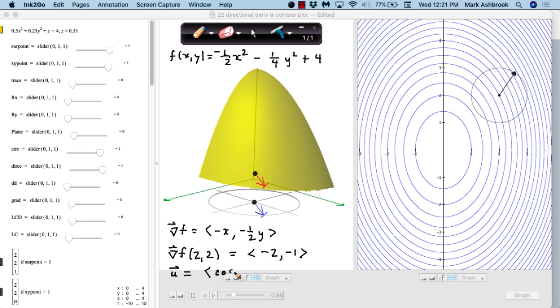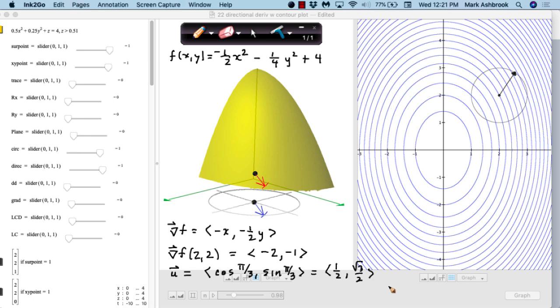So cosine pi over 3. And that is what? 1/2, radical 3 over 2? So given the direction pi over 3, this is the unit vector in that direction.